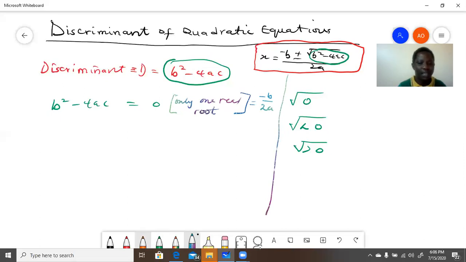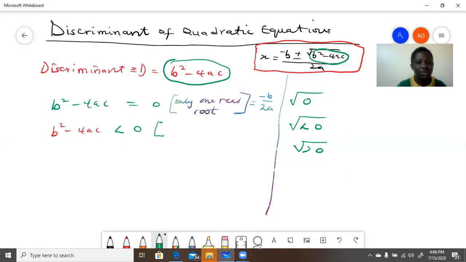But again, if b squared minus 4ac is less than 0, now what are we going to have? Let me write it very well. If it is less than 0, it means we have no real roots.